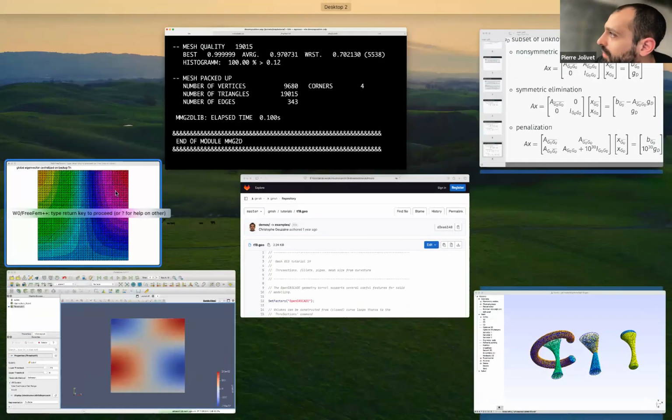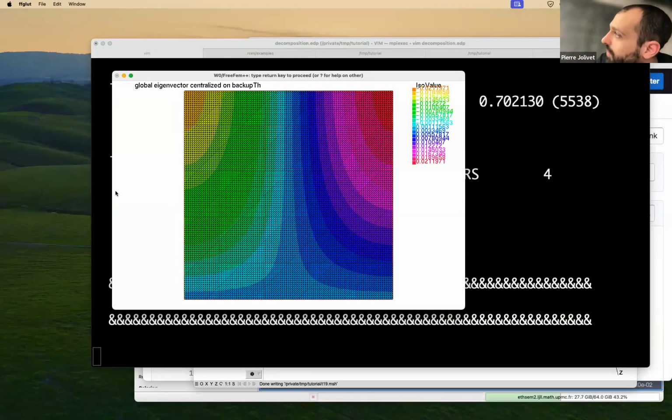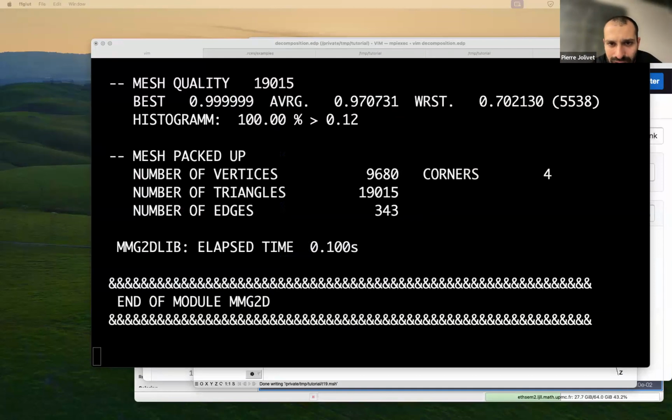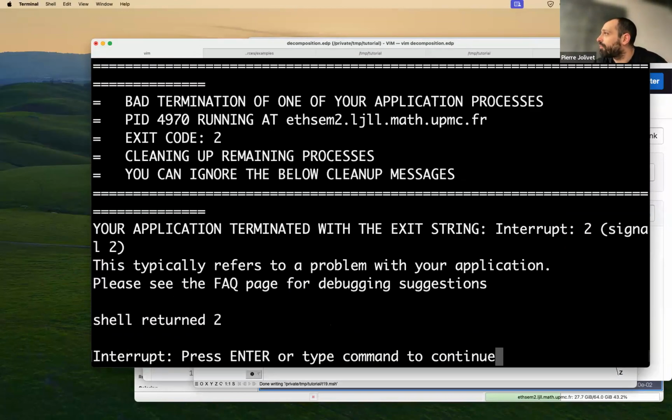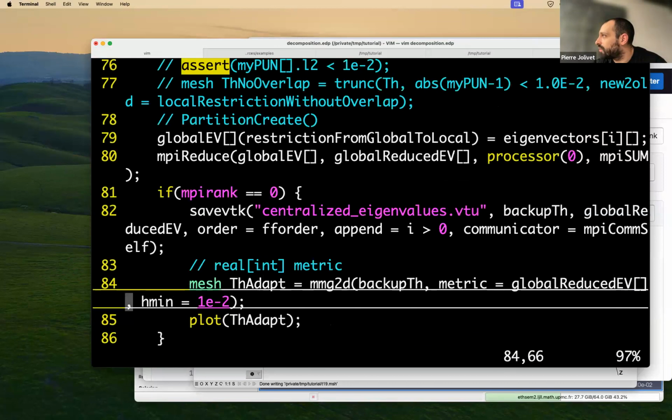Okay. So I just need to look at the values. Let's assume that we want to adapt with respect to the ISO value 0. So we can do ISO equal 0, LS equal to 1.